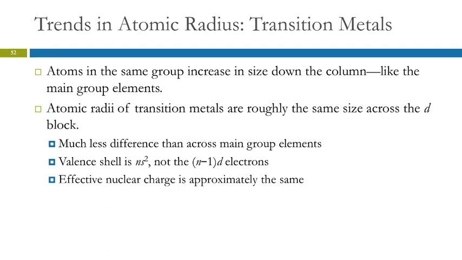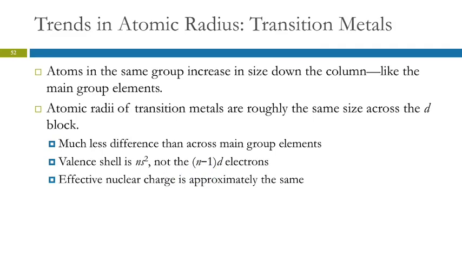What about the transition metals? Well, here, as you go down a column, they're going to get larger, but as you're going across, it's pretty iffy. There's much less difference. They're going to be roughly the same size. What's going on here is that the valence shell is those s electrons, not the d electrons that are being added.